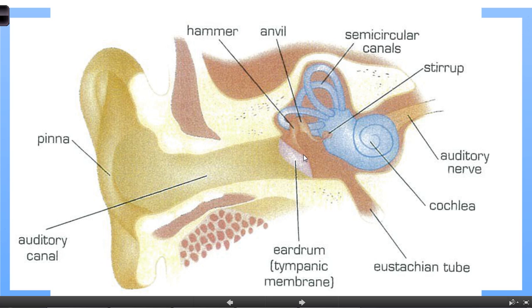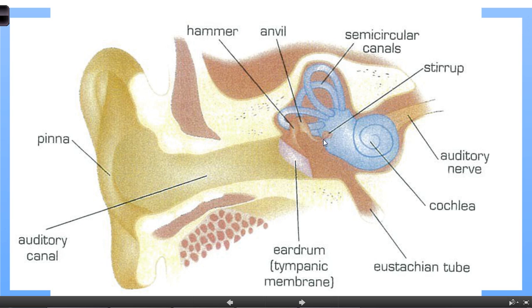The eardrum is connected to a series of three little bones here: the hammer, the anvil, and the stirrup. Essentially the vibrating of the eardrum, which is connected to the hammer, causes the hammer to bang on the anvil, which is connected to the stirrup, which passes on the vibrations to this blue part here.